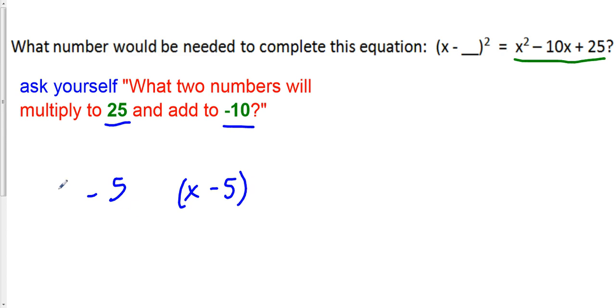Say it's x minus 5 and x minus 5. Those are our two factors. If we have this times this, it would become this piece. Now, x minus 5 times x minus 5 is the same as saying x minus 5 squared. So this blank piece right here is 5. That's what we're looking for to go into that piece.